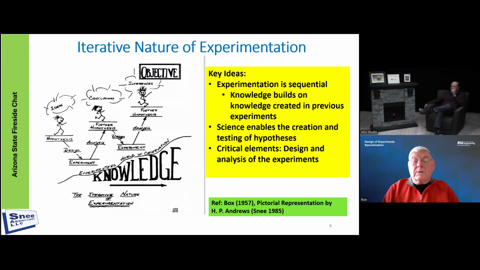And a critical element here is the design and analysis of experiments. I think this is a nice way of thinking about Box's idea of the iterative nature of experimentation.